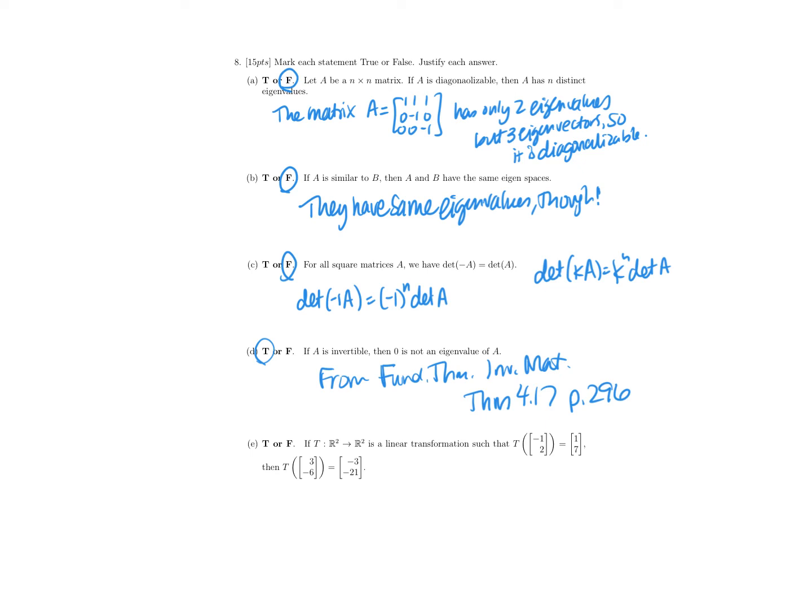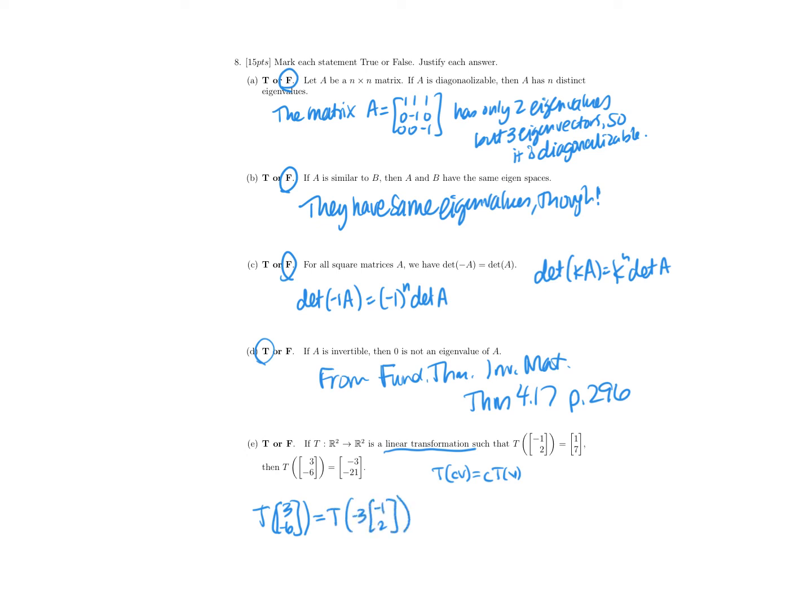Then: if T from R2 to R2 is a linear transformation such that that's true, then this is true. Okay, so we need to go back to the definition of linear transformation. If you look back in section 3.6, there is a definition of linear transformation. One of the things it says is that T of c times v is equal to c times T of v. So we're going to see if that applies here. T of (3, -6) is equal to T of -3 times (-1, 2).